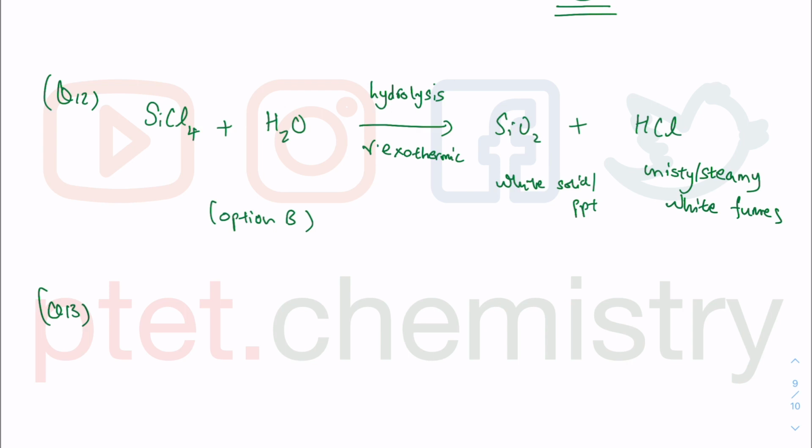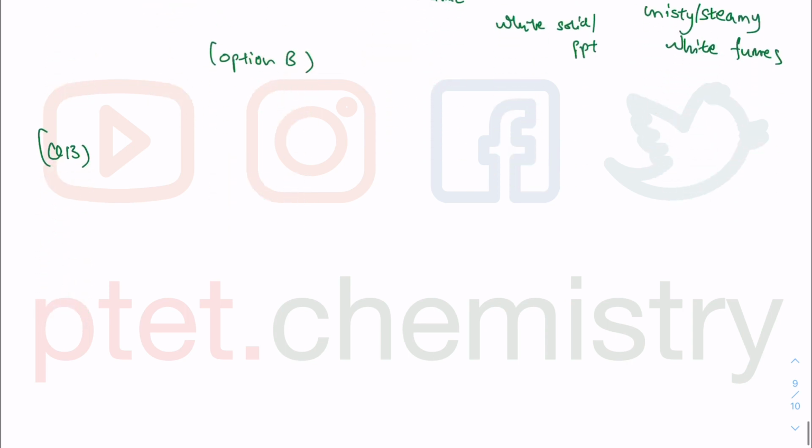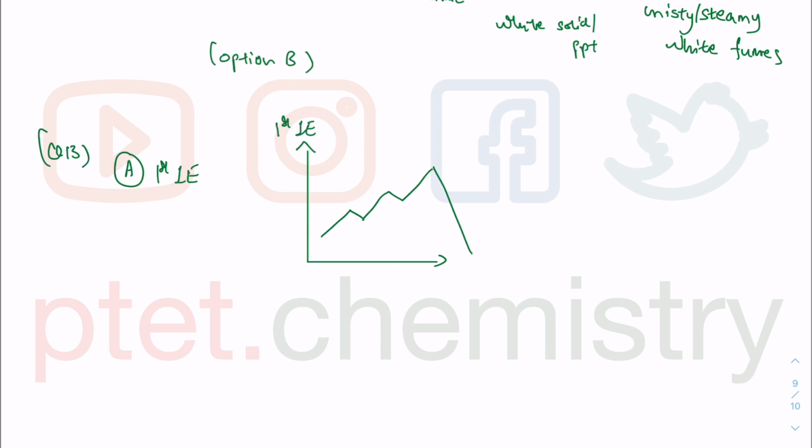Next question, question 13. Question 13 is about trends. Option A is asking about first ionization energy. You should be able to sketch this kind of trend very easily at your fingertips, because it goes up, down, up, down, up, all the way down.